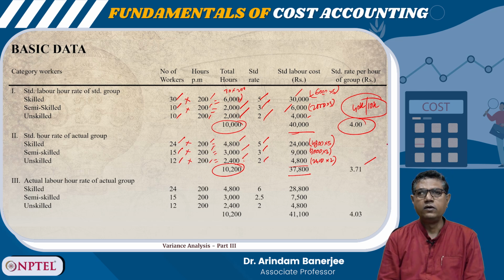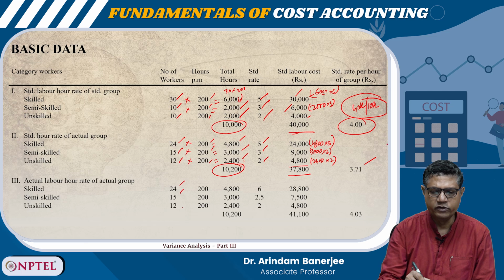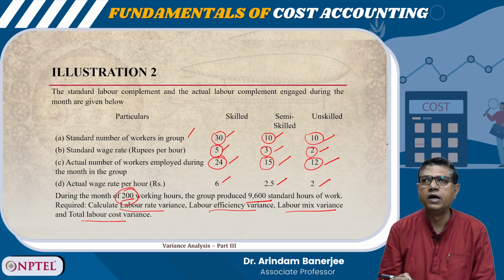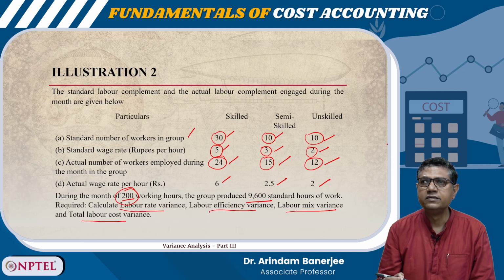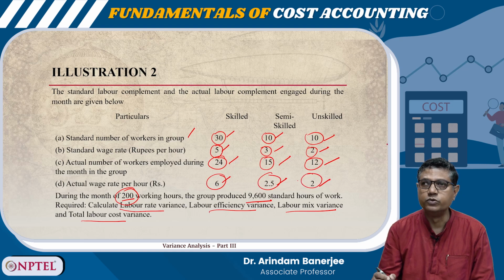Now the actual labor hour rate for the actual group: the number of workers is again 24, 15, 12, and hours per month is 200, 200, 200. The change is here: the actual wage rate is 6, 2.5 and 2.